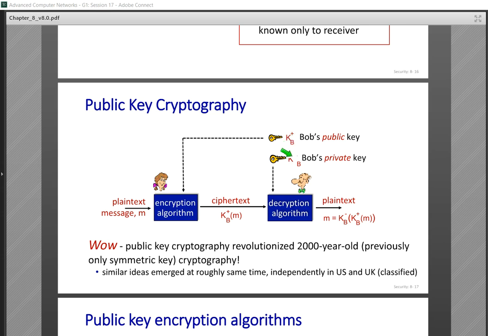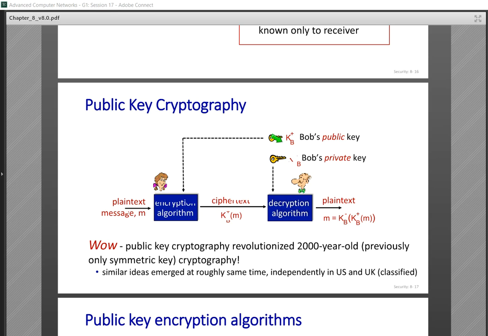Here you can see these plus and minus signs on the keys. When Alice tries to send a plain text to Bob, she has to encrypt the data. But how?